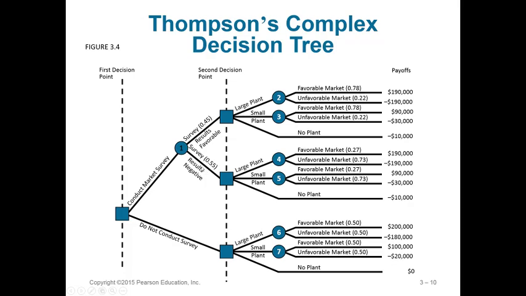On the other hand, if your survey results came back negative, then that's going to drop the favorable market to 27%, and unfavorable would shoot up to 73%. And that's going to change all of these payoffs right out here, which means your choice of what's the best option is also going to change.